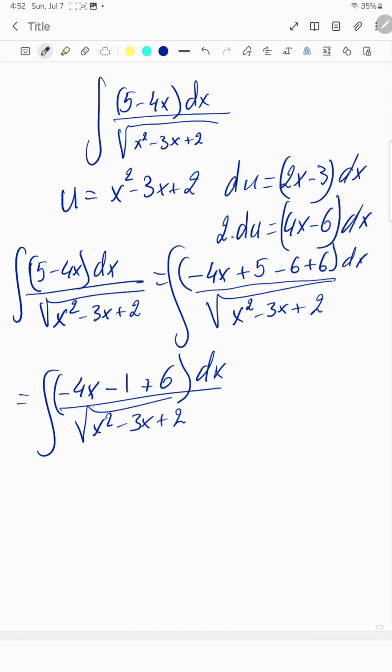Because I want 4x minus 6 or minus 4x plus 6, I can factor out the minus outside. So minus 6 plus 5 is equal to minus 1.